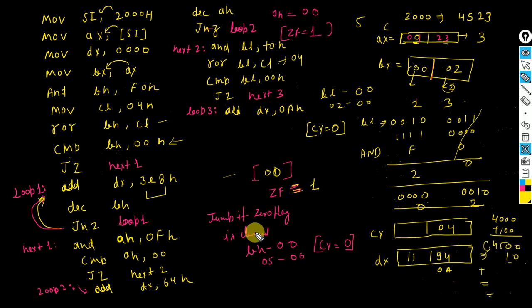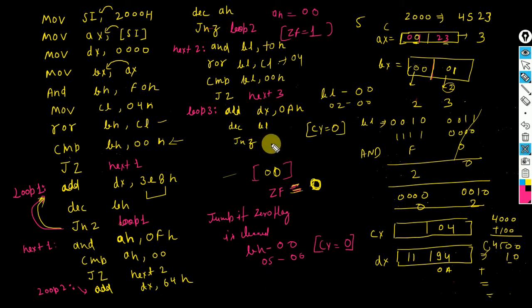Then move to the next instruction, which is DEC BL. Decrease the BL register by 1, so this is 01. Again the next instruction is JNZ, jump if zero flag is clear. In this register we have value 1, so our zero flag status is 0 in this case.